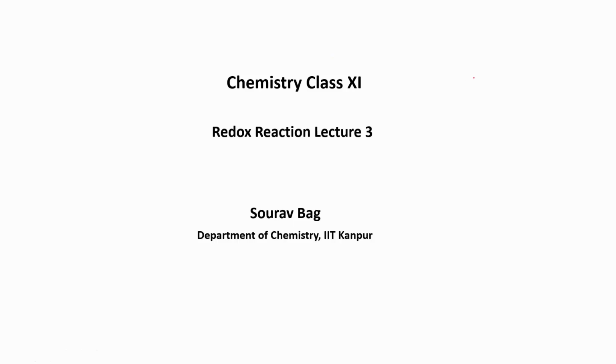I will continue this class from the previous class that I taught about the oxidizing agent and the reducing agent, with one problem where I will show you how we will decide what is the oxidizing agent and what is the reducing agent, and who is oxidized to another species.